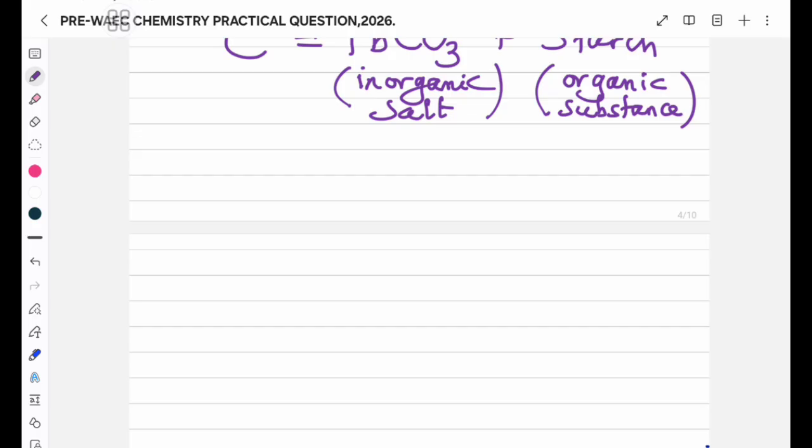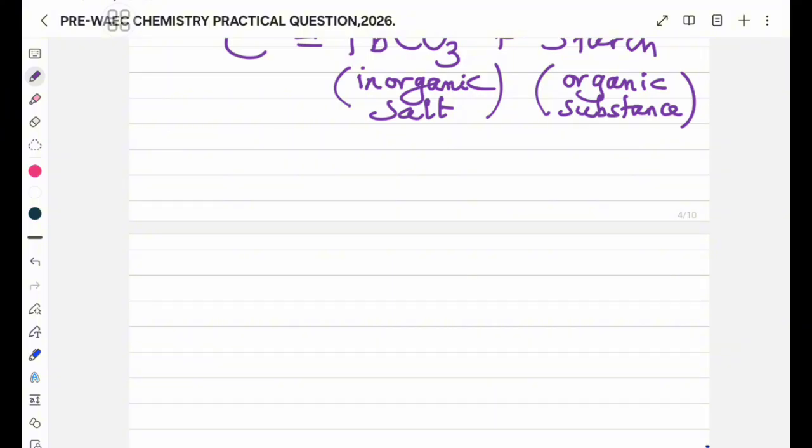Most of the particles that are large enough will remain on the filter paper. So that's why the residue is a mixture of lead carbonate and starch. Number 3, the liquid that passes through the filter paper is what we call filtrate.